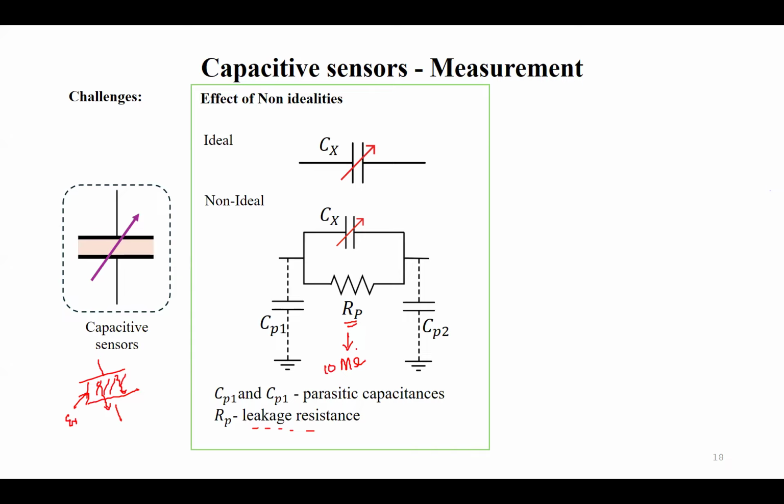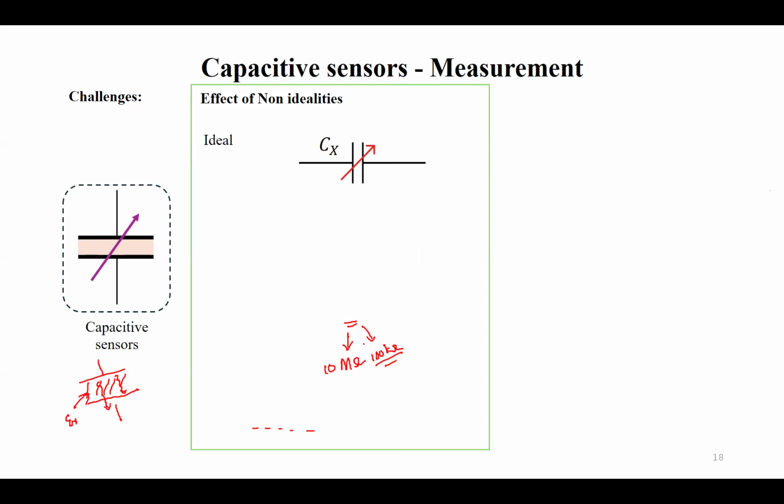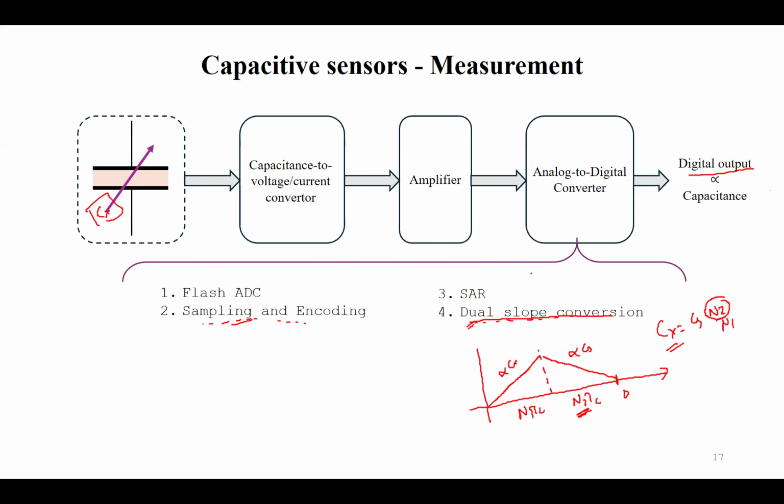But for a sensing capacitor, or a capacitor in applications where the dielectric element is a liquid or a flexible type of material, or at different temperatures, the leakage resistance can go well below hundreds of kilo ohms. Even in applications like moisture sensing, like the application that we discussed.